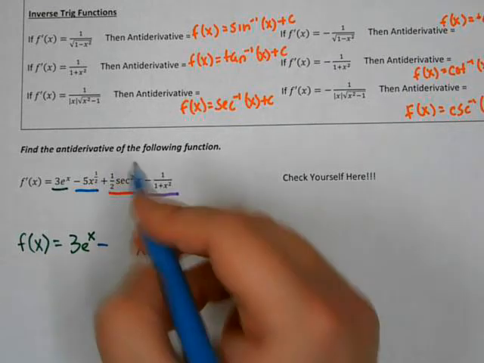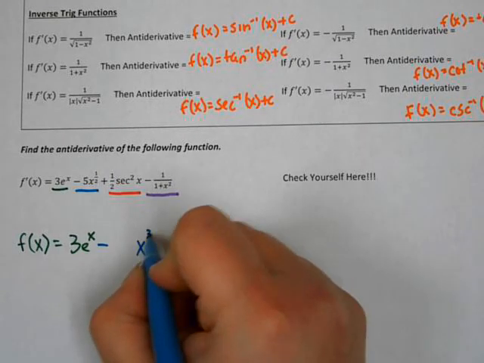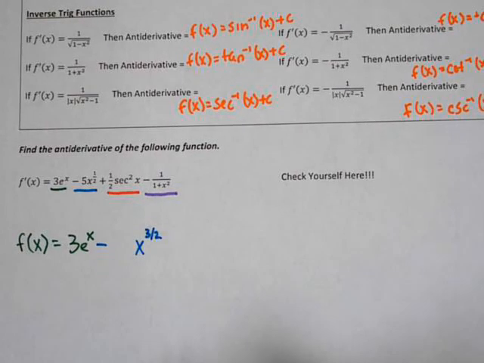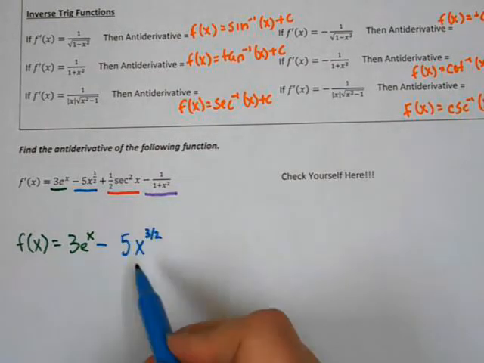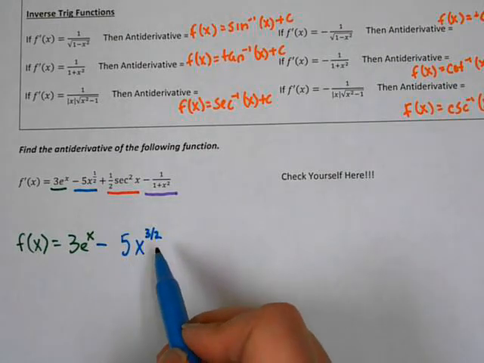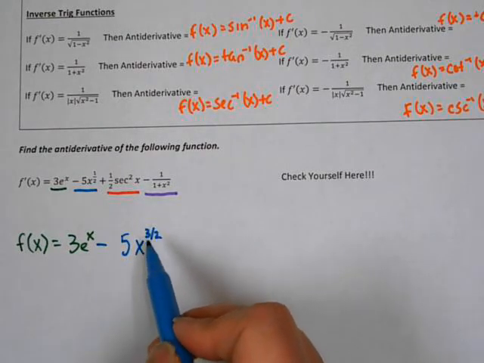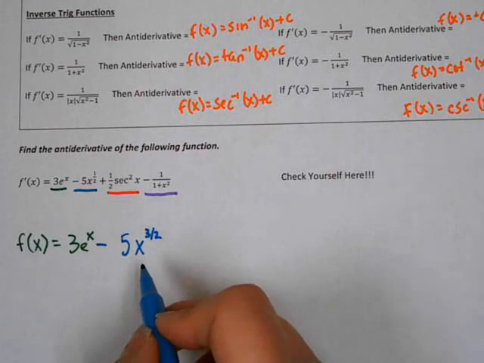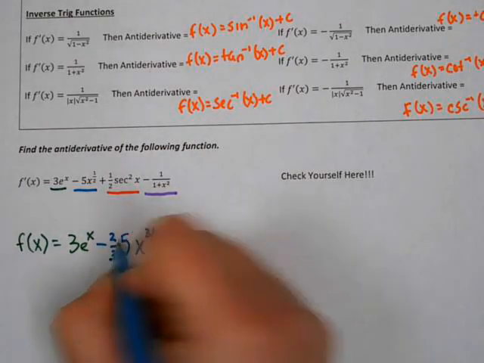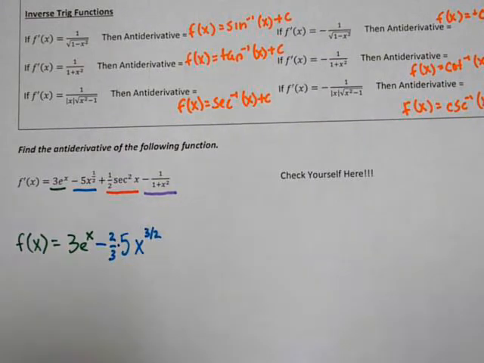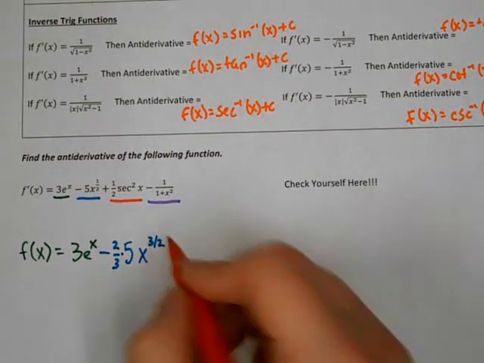So 1/2 means I need to be adding 1, and I get 3/2. I have the 5 in front, and I would need to divide by my new exponent. Well, dividing by a fraction is the same as multiplying by the reciprocal. So I'm going to go ahead and put a 2/3 in front here. All right, that's my power rule.